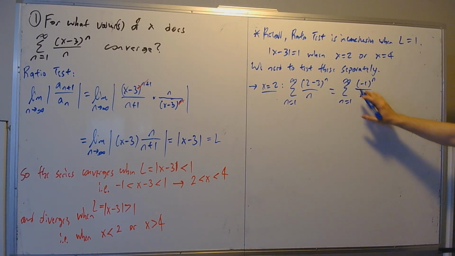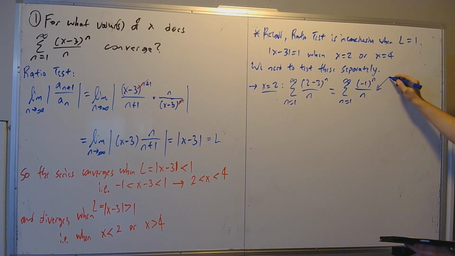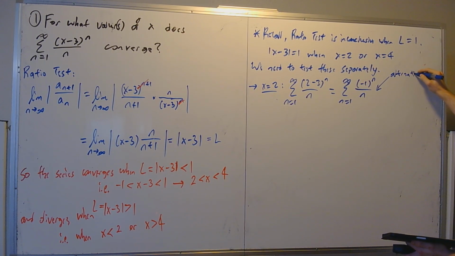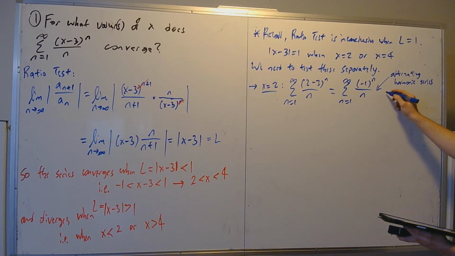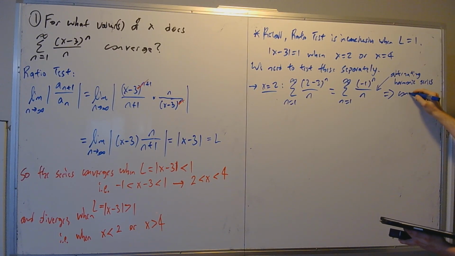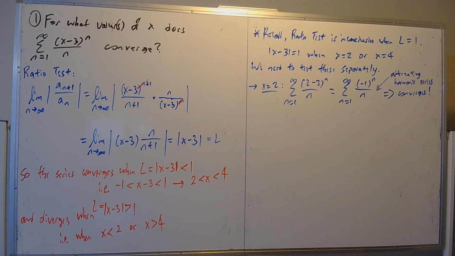But notice here, this series we actually already had a name for. So we already called this the alternating harmonic series, and we know that this one converges. Right, so whenever x is equal to 2, we get a convergent series.